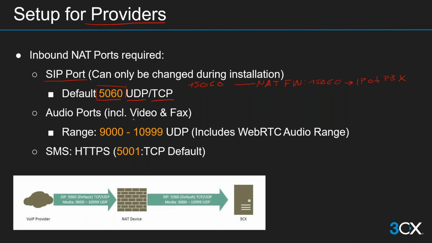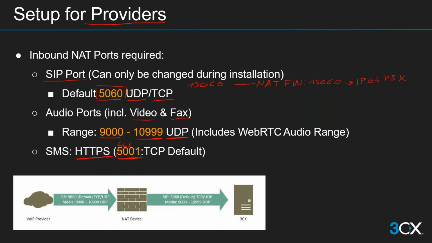The audio ports, this includes video and fax, so also the web client and all that stuff, is by default 9000 to 10999, UDP only. For SMS, we use the HTTPS port, by default 5001. I am not so sure about that one because you saw before I had to change it to 5001. By default, I'm 100% sure it would be 443 by now. I'm not sure if that slide needs to be changed.